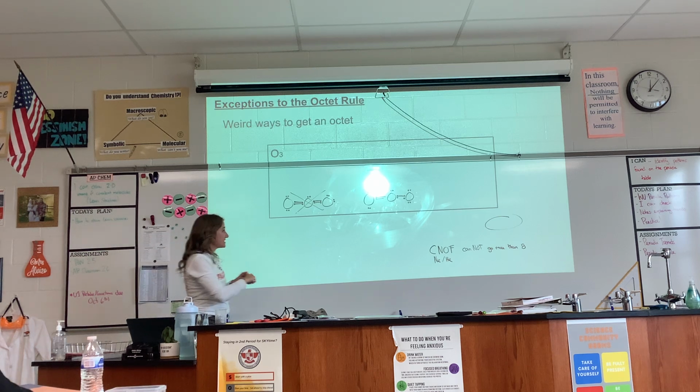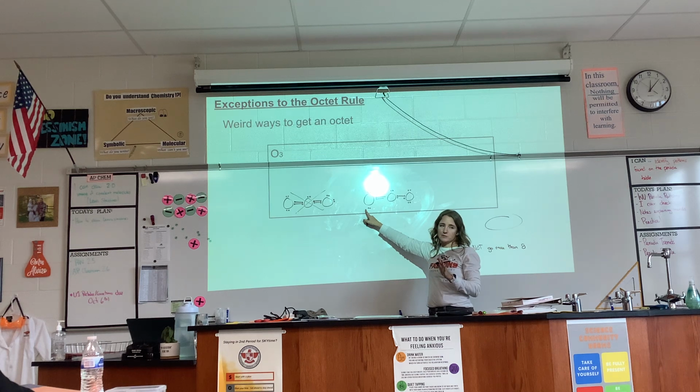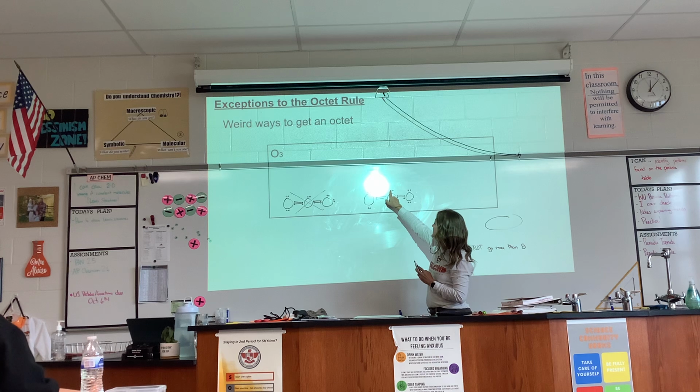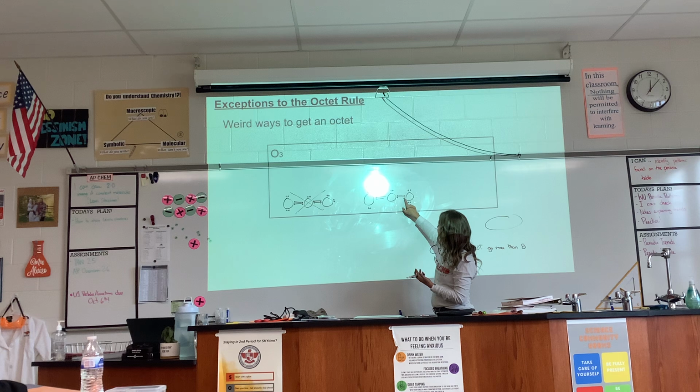Okay? So in this case, this oxygen, do I need to change anything here? No, that one's good. What's wrong with this one? It has 2, 4, 6, 8, 9, right? Too many. What's wrong with this one? This one has not enough, right? 2, 4, 6. So the electrons get passed.